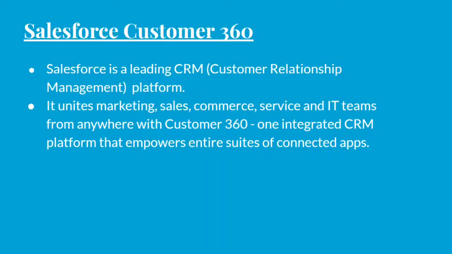And these units can also be anywhere in the world. They don't need to be in a single place, but still, using Salesforce Customer 360, because it integrates different platforms, you can have all the suites of connected apps in one place. That is the main advantage of using Salesforce Customer 360.